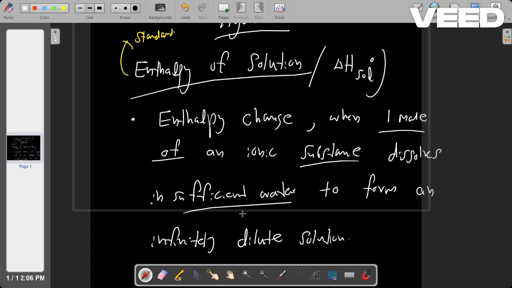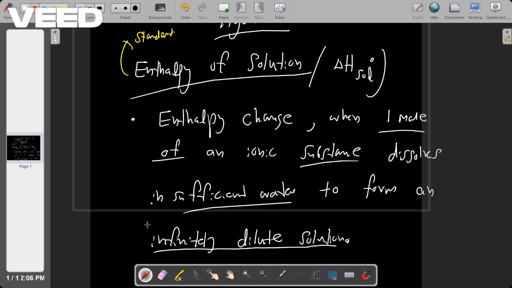What do you mean by infinitely dilute? Infinitely dilute means, in other terms, very, very dilute, right? Very dilute means, in other terms, what about the concentration? Very, very low. Sometimes you can't even tell the concentration. It is going to be very dilute.